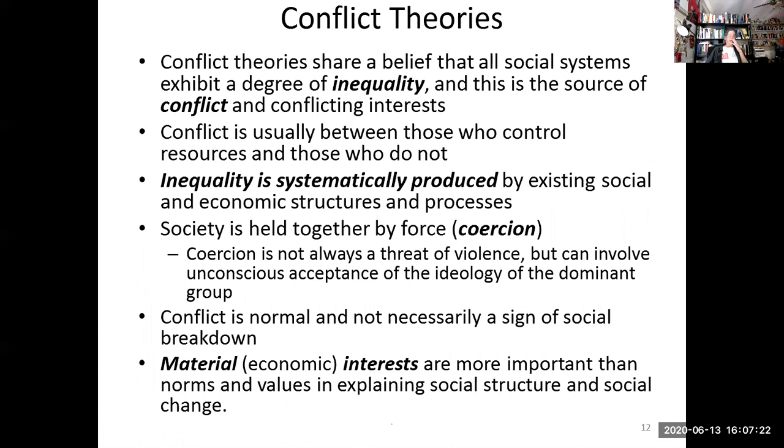And this inequality creates conflict, usually between those who control resources, either material resources like land, jobs, food, money, and symbolic resources like the right to vote or the right to an education, and those who do not control them and would like to access them. Inequality is systematically produced through the normal operation of social institutions and processes. It's not an aberration. It is automatically created.